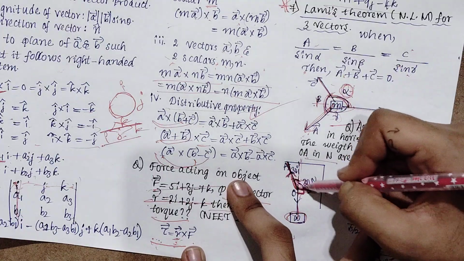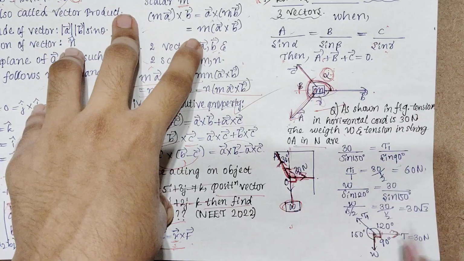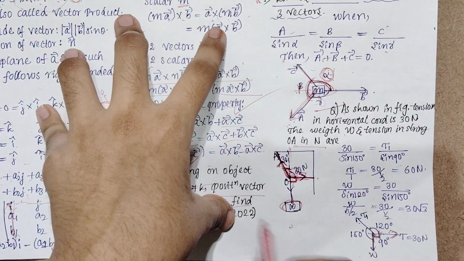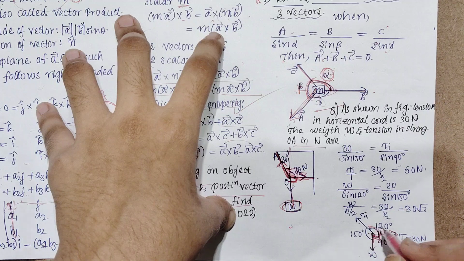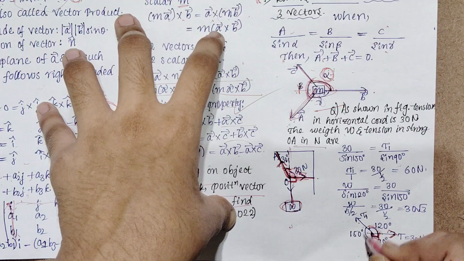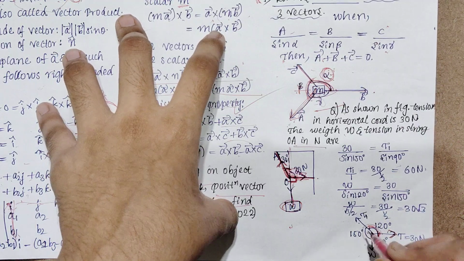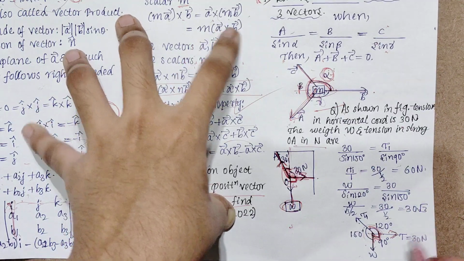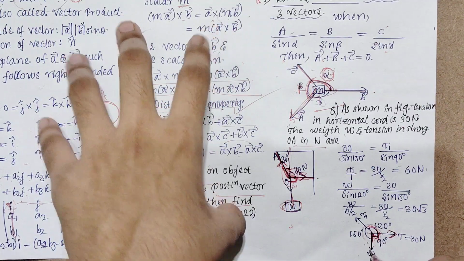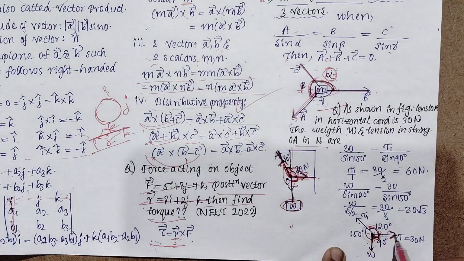So this entire angle will be 90 plus 30, which is 120. Then if this is 90 and this is 120, we know that the sum should be equal to 360. By this we get this angle as 150. Now you simply apply Lami's theorem here.